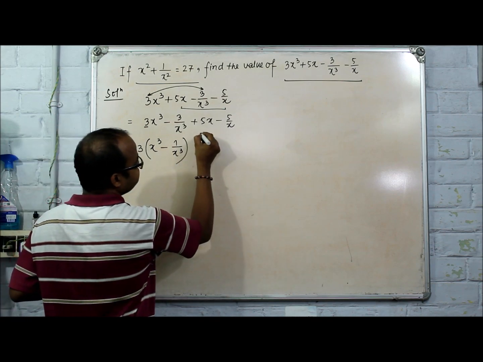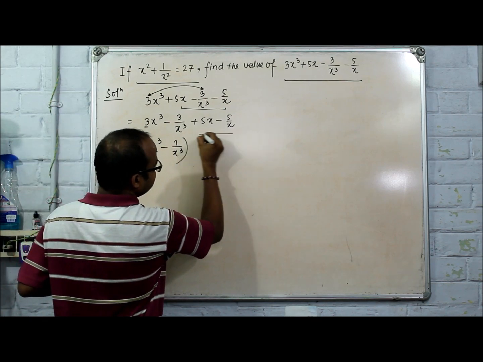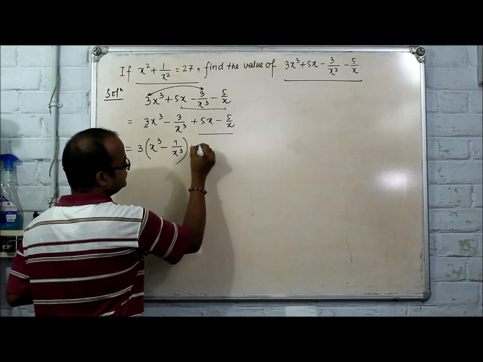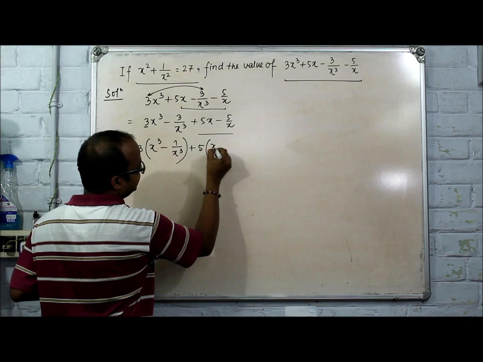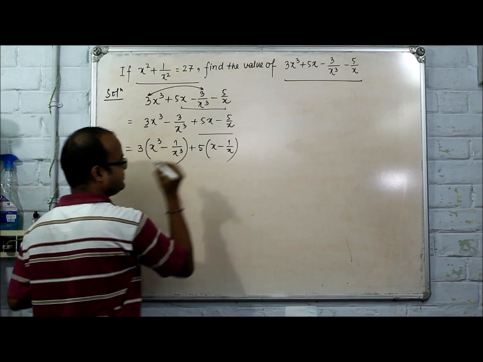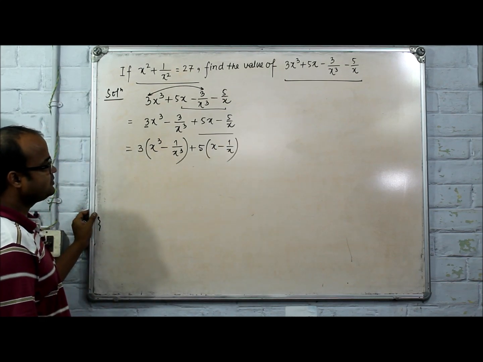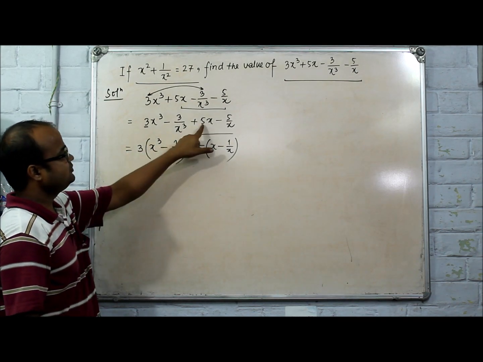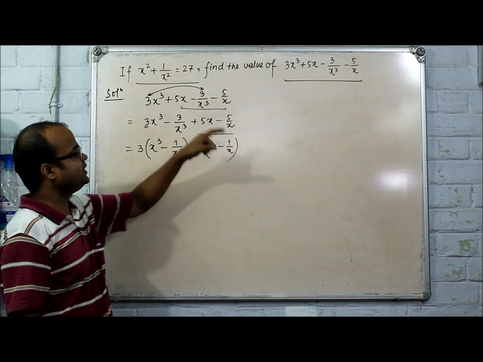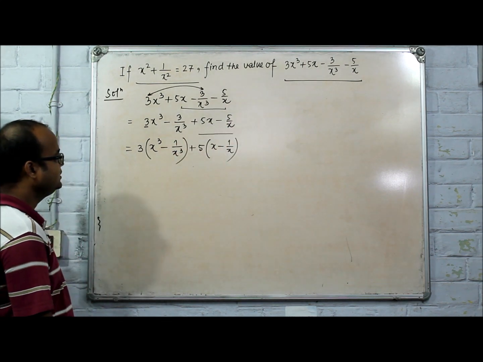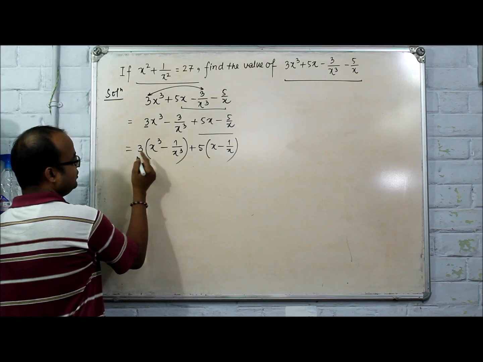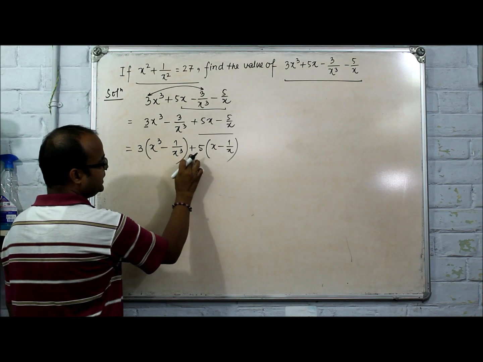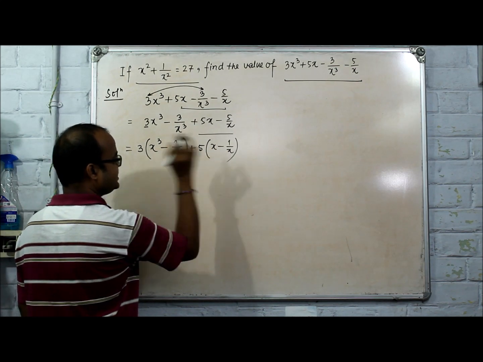And from these two, we can take 5 common, so 5 into x minus 1 by x. Same logic. 5 is in the numerator, 5 is in the numerator, so we are taking 5. So we get 3 into x cube minus 1 by x cube plus 5 into x minus 1 by x.